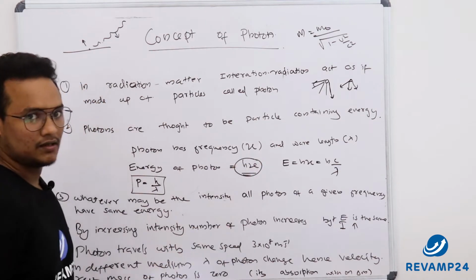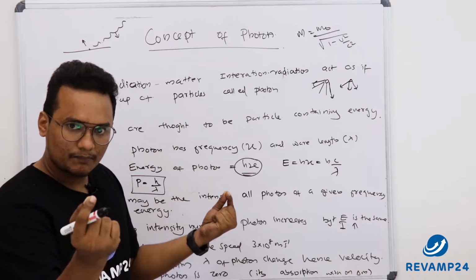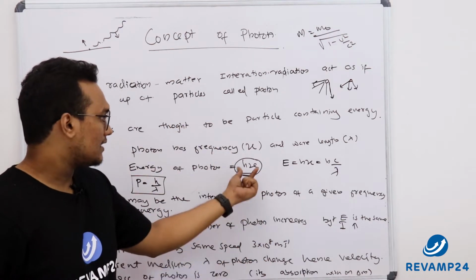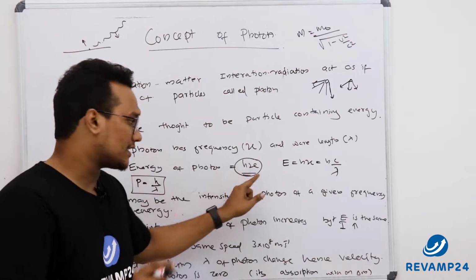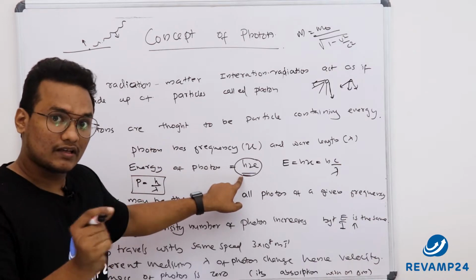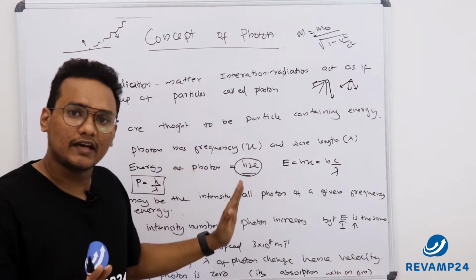We have learned this. Now, for a green color bulb, either an intense power source or a less intense power source, irrespective of the intensity, the frequency of each and every radiation will be the same, which means the energy associated with every radiation is the same.